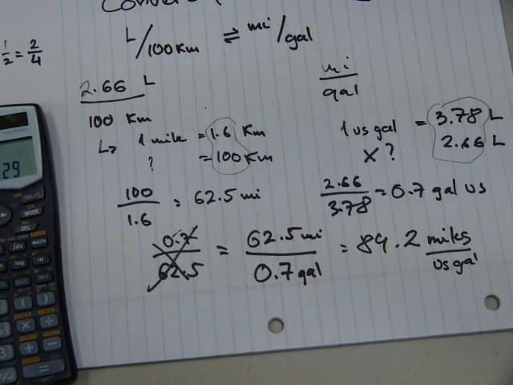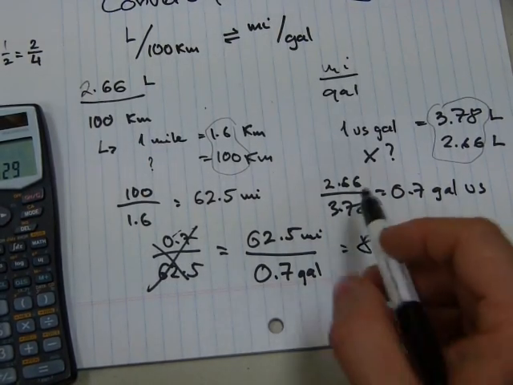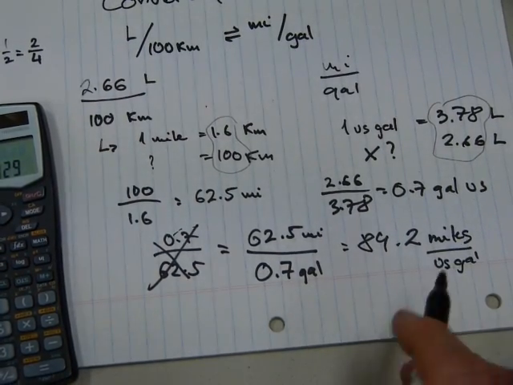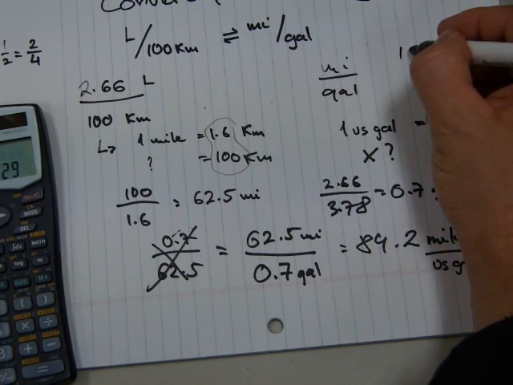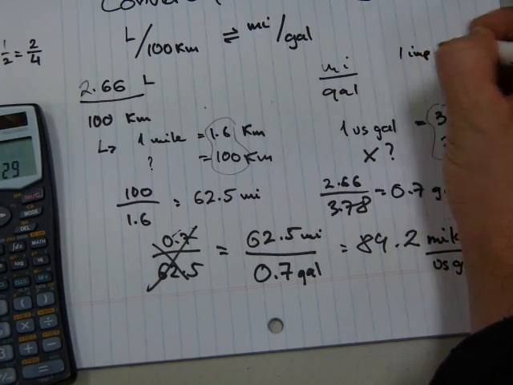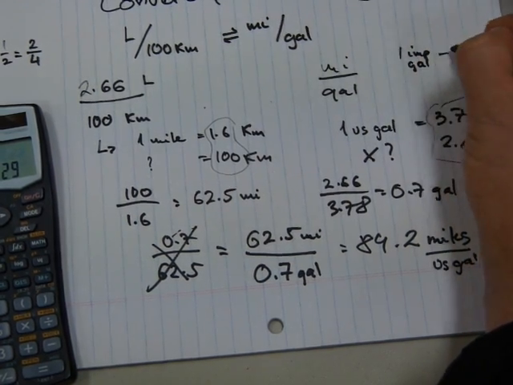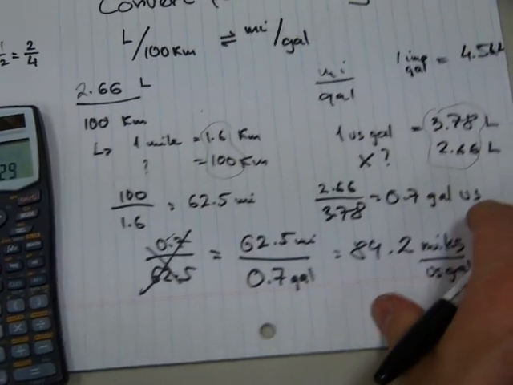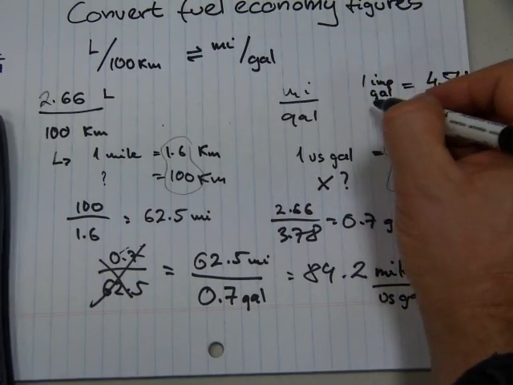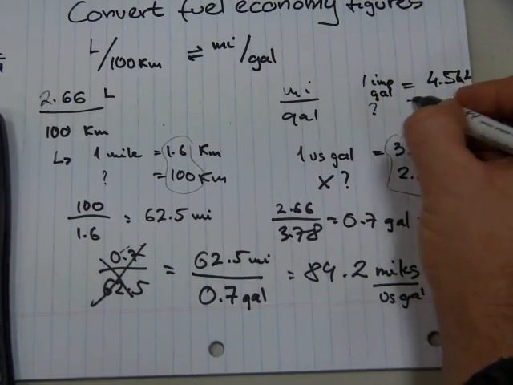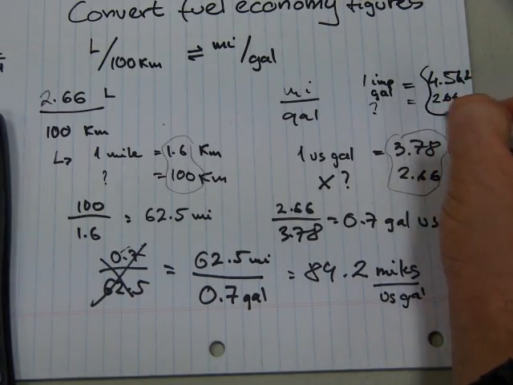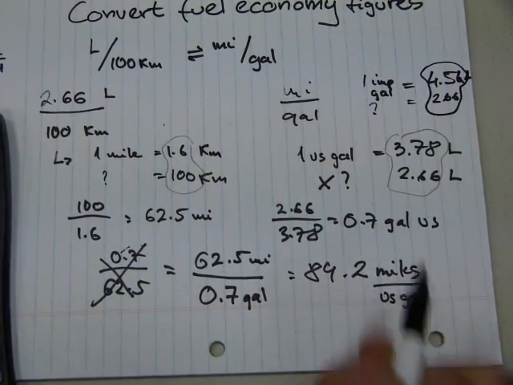If it's not US gallons, if it's Imperial gallons, then this figure here is not 3.78. Instead, one Imperial gallon is 4.54 liters. So therefore, this amount here will be different. 2.66 is here, and we still do the division the same way.